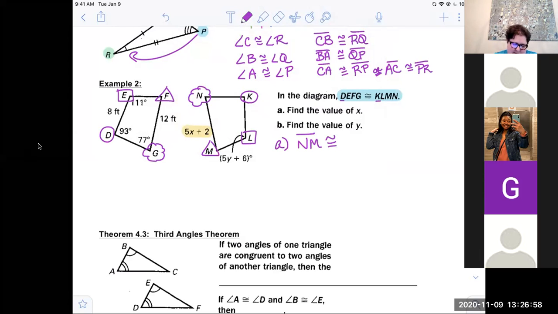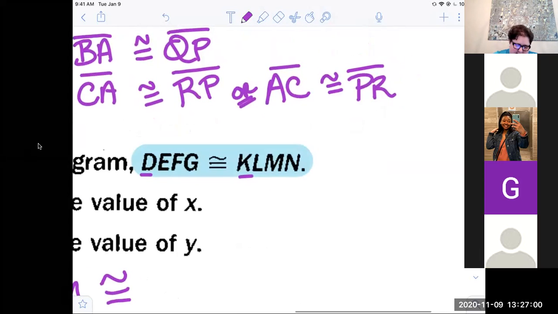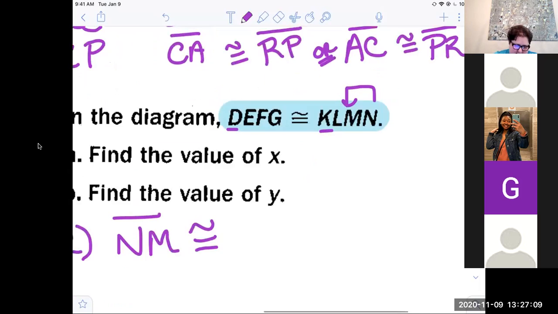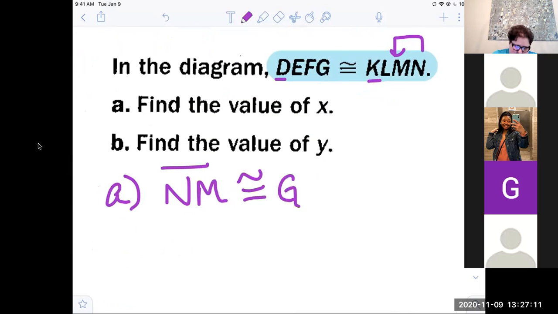FG. Okay, so if we go N to M, then your order needs to be G to F. Yeah, so NM and segment GF.